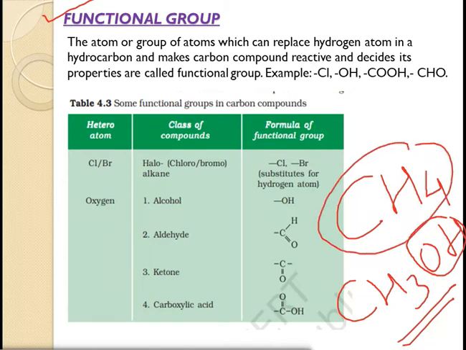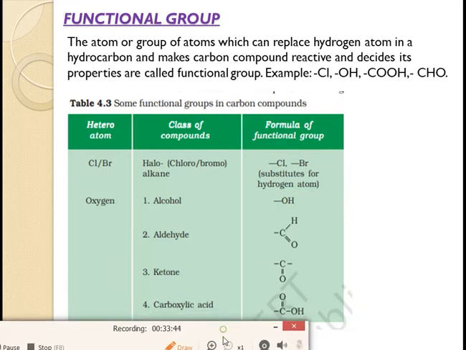So functional groups are atoms or groups of atoms which replace hydrogen atoms and make the carbon compound reactive and decide its property, whether it will become alcohol, aldehyde, ketone or carboxylic acid. It will be decided by the functional group. Examples of functional groups are Cl, meaning any halo group, chloro, bromo, OH for alcohol, COOH for carboxylic acid, and CHO for aldehyde. Ketone is also there, CO.